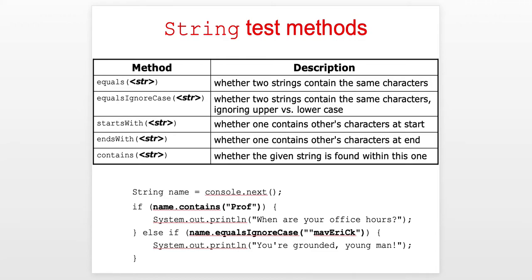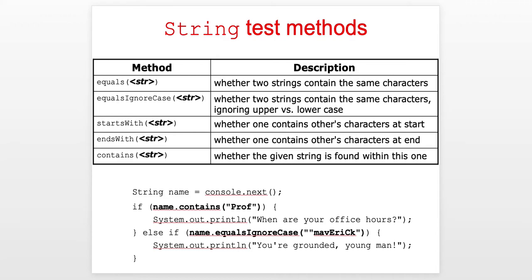Okay, so for instance, in our method here, we have equals ignore case, starts with, ends with, contains, right? And so we all have to access them through the dot notation. We have to type in the variable name of a string object, dot equals or dot equals ignore case or dot starts with, and then we pass in a parameter to this method. It's another string, but this string is basically checking.